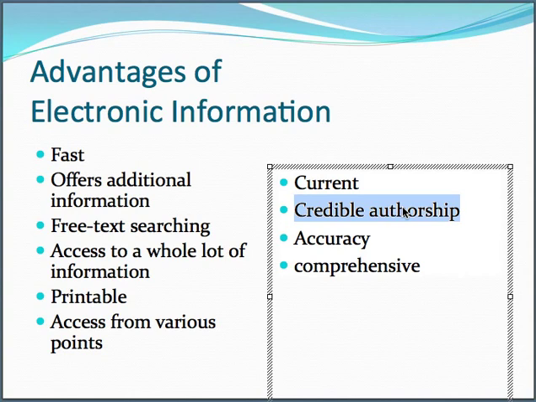Again, it's not the same to do a Google search and get thousands of hits, but if we examine the information sources that we have retrieved, much of that information doesn't have a credible authorship.